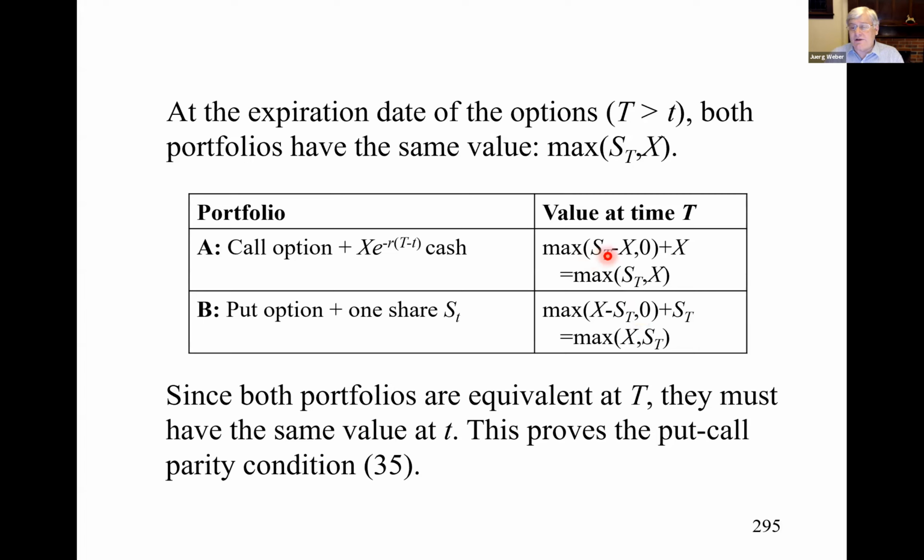So here it has turned around. For the call it's S minus X, now it's X minus S, because that's a put option. Look it up again in chapter 1. And then you have the S_T, one share, now at time big T. So we have X minus S_T plus S_T, so I simply get an X. And here, if you put it into the bracket, you have 0 plus S_T, so I just have the S_T.